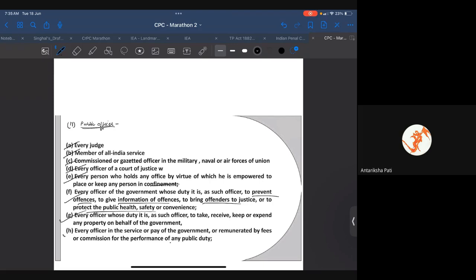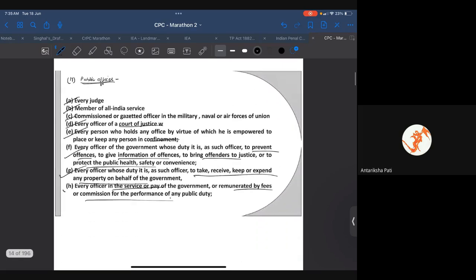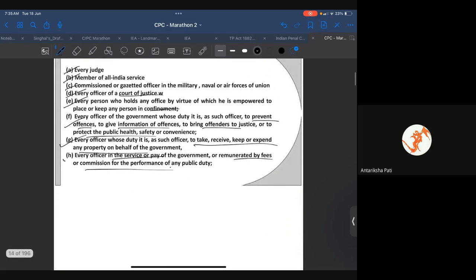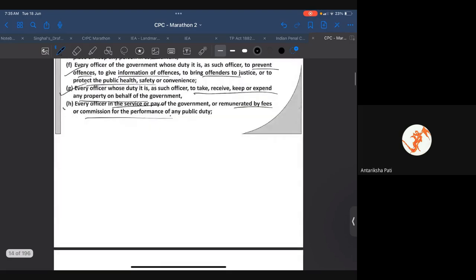Every officer whose duty it is as such to take, receive, keep or expend any property on behalf of the government, or every officer in the service or pay of the government, or remunerated by fees or commission for the performance of any public duty. So these are the people who will be known as public officers.